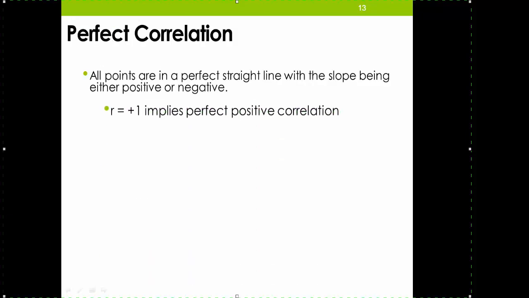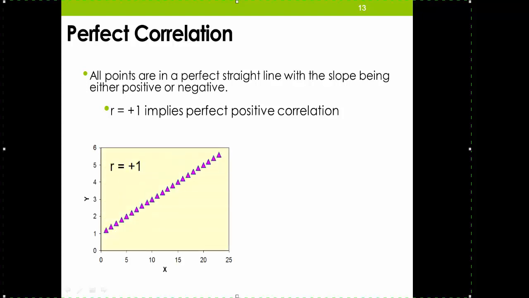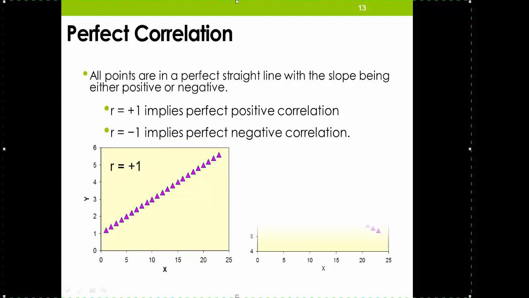Okay, perfect correlation is when all points are in a perfect straight line with the slope being either positive or negative. R equaling positive 1 implies a perfect positive correlation. Okay, as you can see there. R equaling negative 1 implies a perfect negative correlation. Now, I have to say at this point that if I produced a scatter plot on data that looked like that, I'd be very worried.